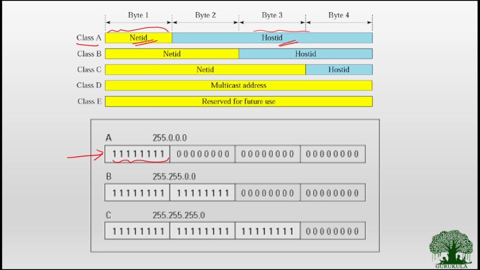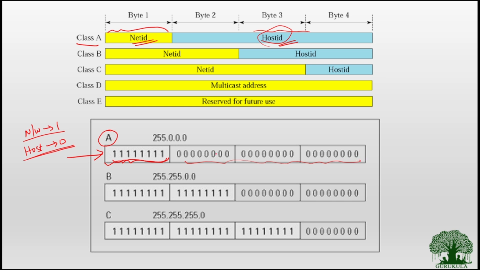The network part has to be represented with 1, and the host part with 0. So the first 8 bits are all ones, and the remaining 24 bits, which represent the host part, are all zeros.